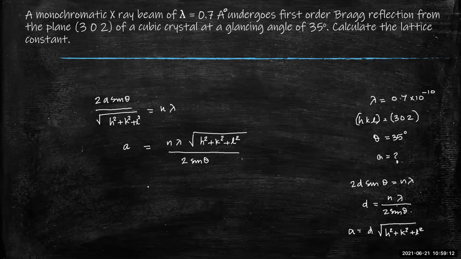Here I write the equation as a single one. First order, 1 into 0.7 into 10 raised to minus 10 into root of 3 square plus 0 square plus 2 square divided by 2 into sine of 35.